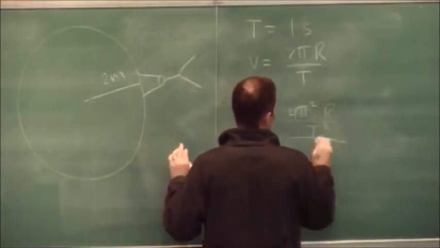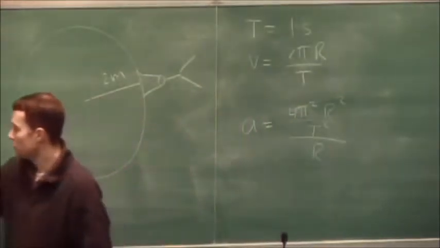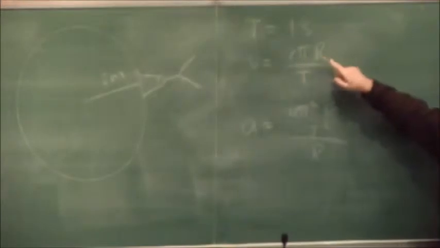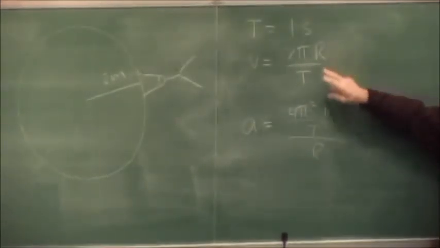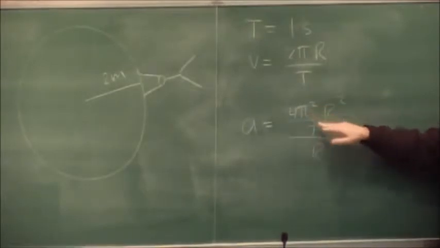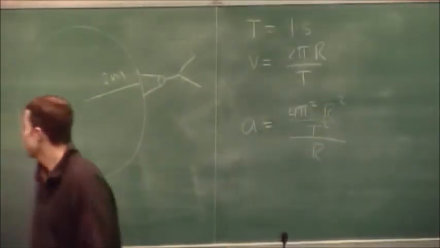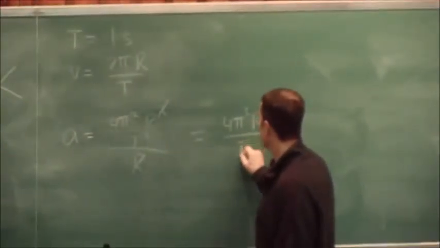All I did is take V squared over r. You take V, which was 2 pi r over T, and square that, which is 4 pi squared r squared over T squared, and then divide by the radius again, r. So one of these r's comes out, and I get 4 pi squared r all over T squared.